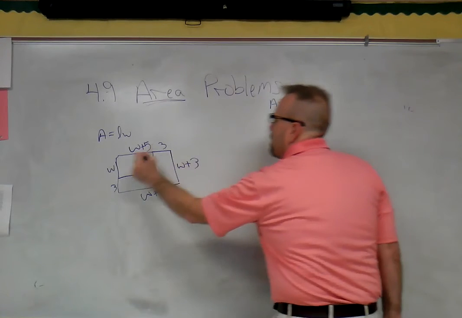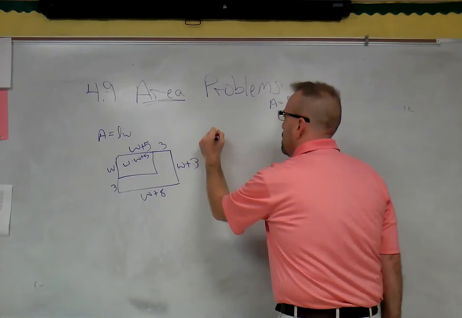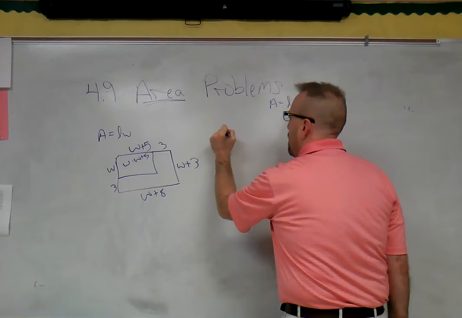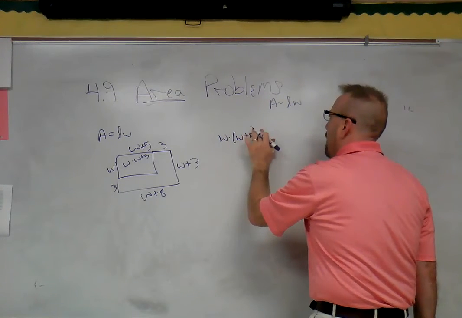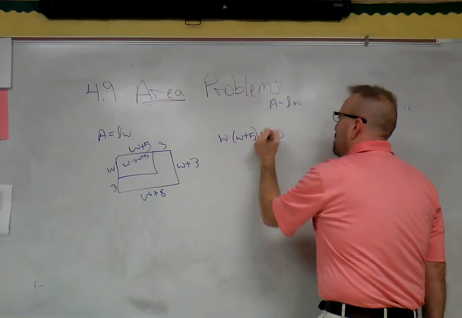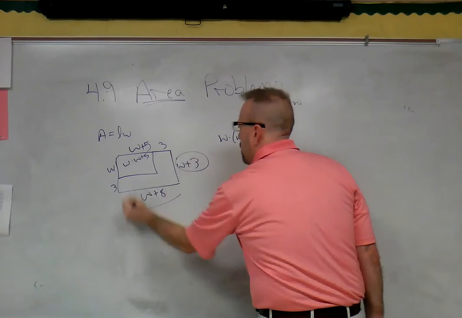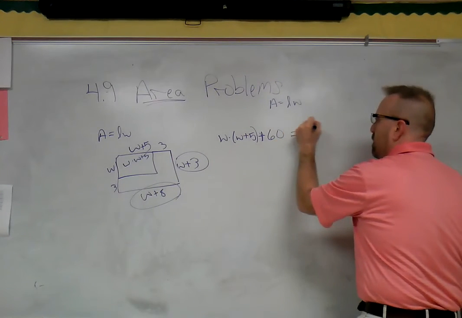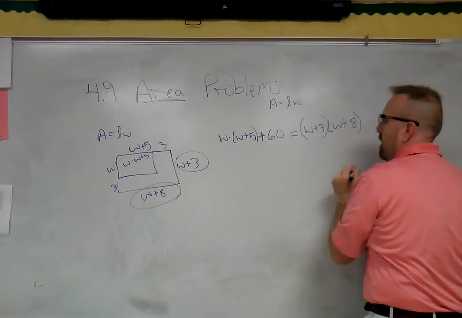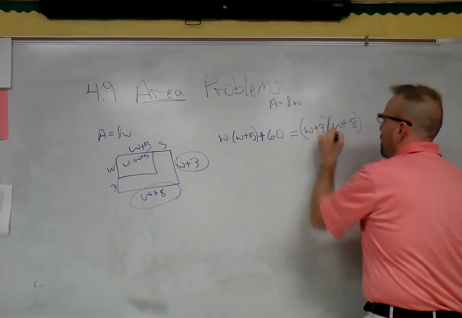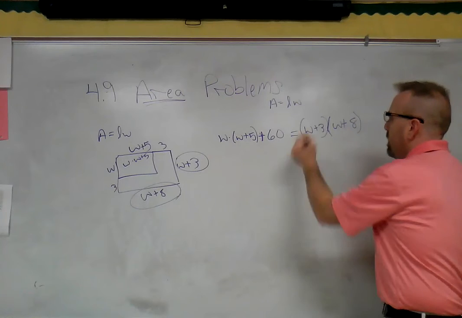So the area of the small one was W times W plus 5. But now we increase that by 60, which means add. So if we increase the small one by 60, we get the big one. The big one is W plus 3 times W plus 8. So the area of the big one is 60 more than the area of the small one. So again, we FOIL.